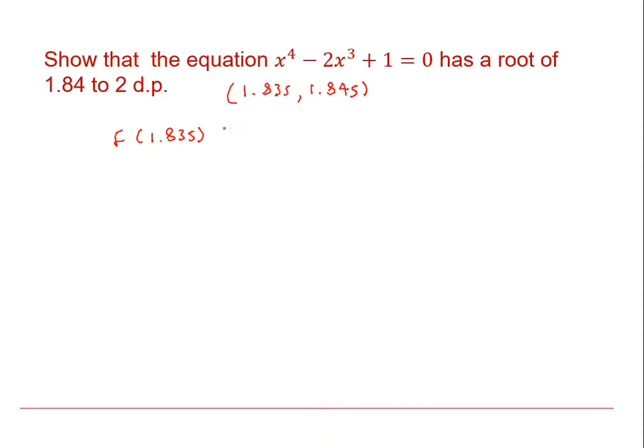So if we consider the value of the function at the left-hand limit, that gives us that negative value there, and at the right-hand limit we get a positive value, which means, because of the change of sign, and strictly speaking we have to note that the function is continuous, so therefore it's going to be crossing the x-axis somewhere between those two x values.